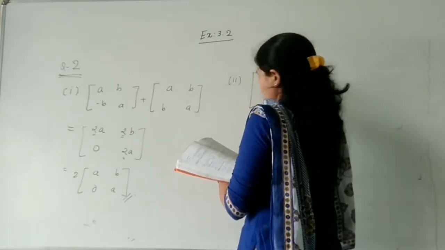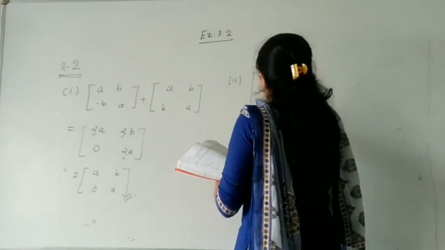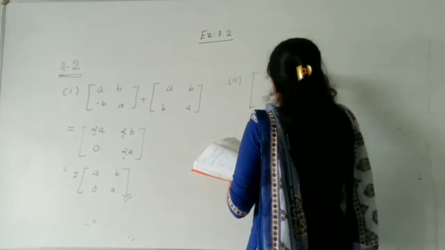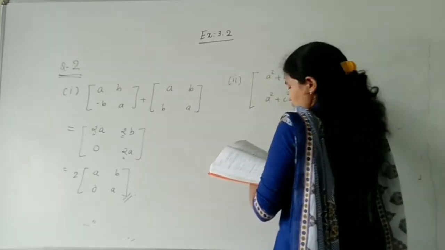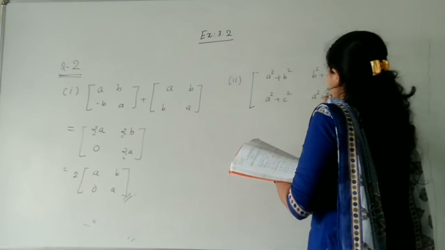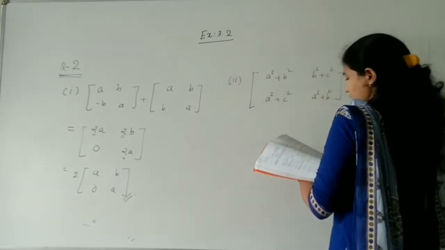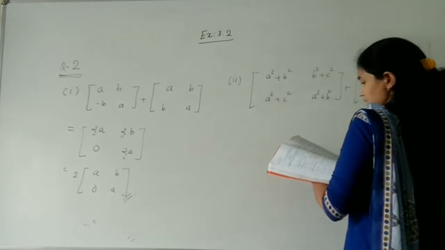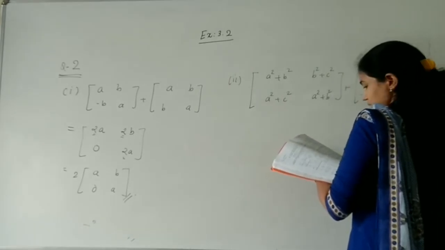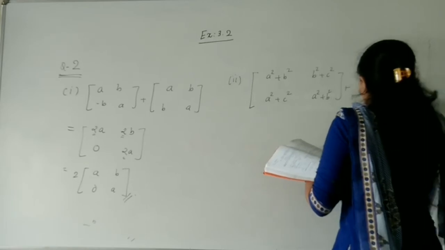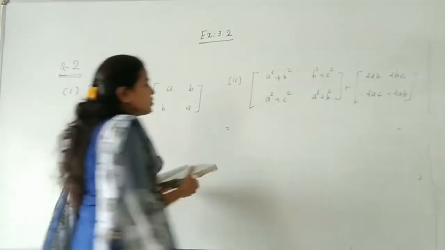Second is a square plus b square, a square plus c square, b square plus c square, and a square plus b square plus 2ab, 2bc, minus 2ac and minus 2ab. So this is our question number 2.